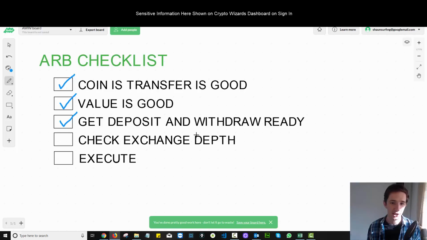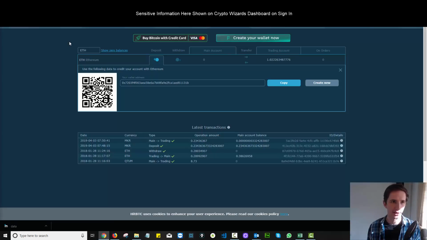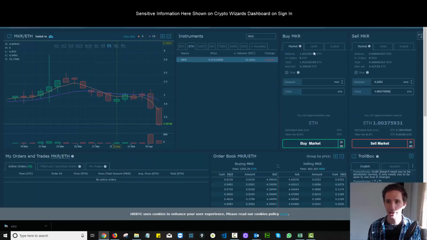You want to check the exchange depth. Just because I did this with 1 Ethereum, and by the way, this is pretty much the same as checking if the value is good. This is where you get to play with the numbers. I could have gone here and asked how much Ethereum I would get if I had 1 MKR, 1 Maker coin.